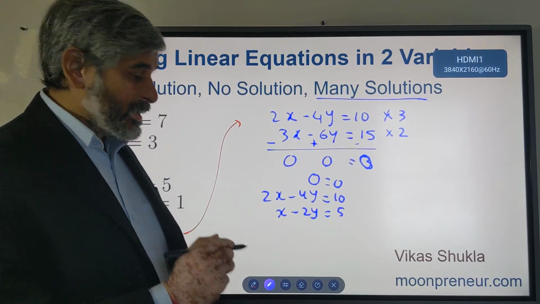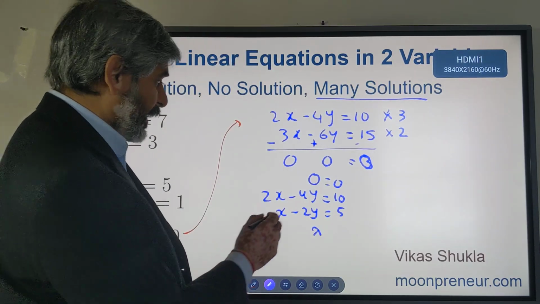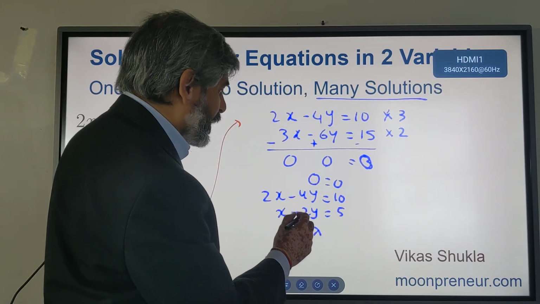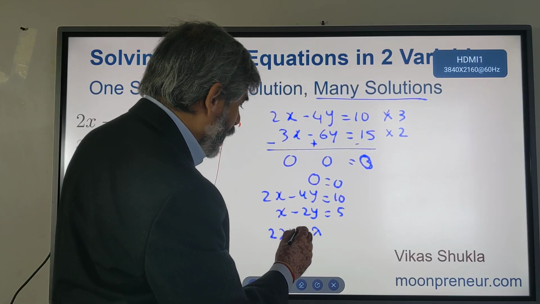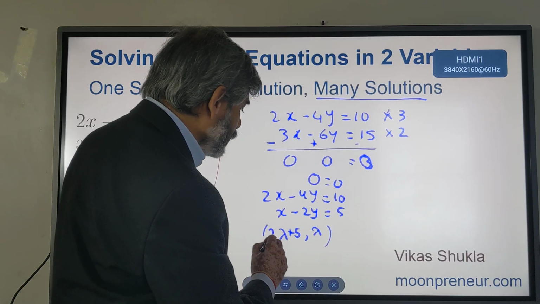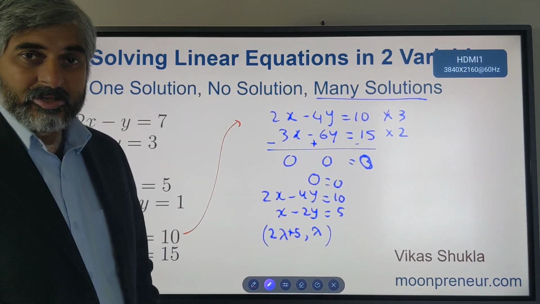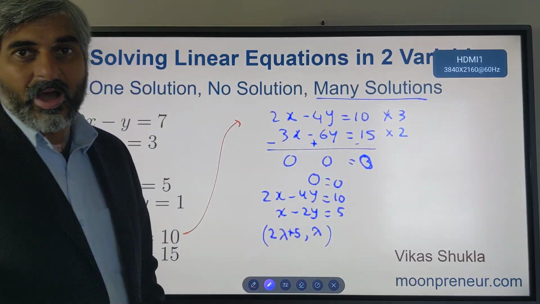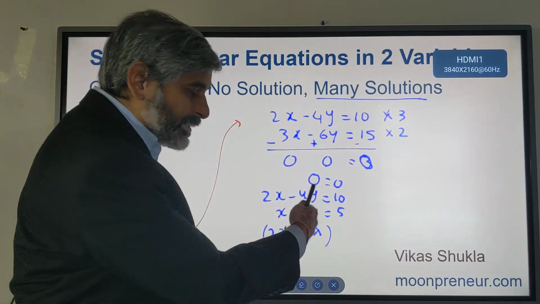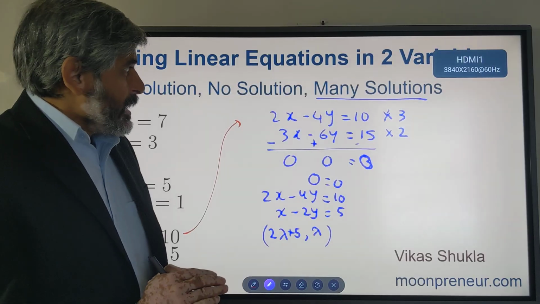If y equal to lambda is one solution, then I substitute lambda and get the value of x as 2 lambda plus 5. So all the solutions must comply with this format. So the x coordinate must be 2 times the y coordinate plus 5. You could also write in other formats, but they still need to comply with these things.